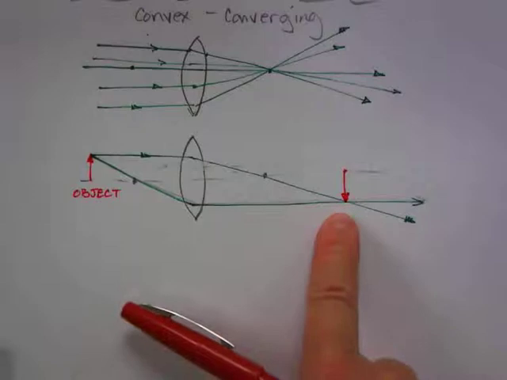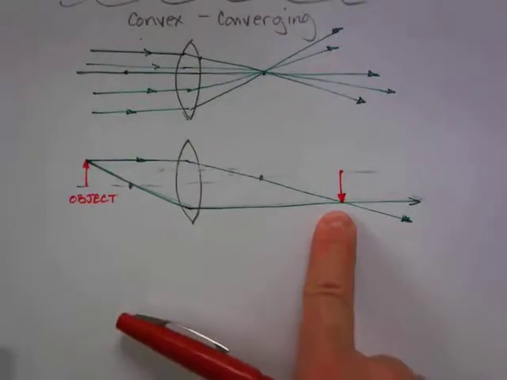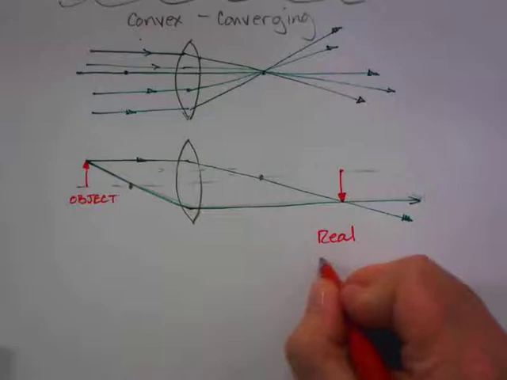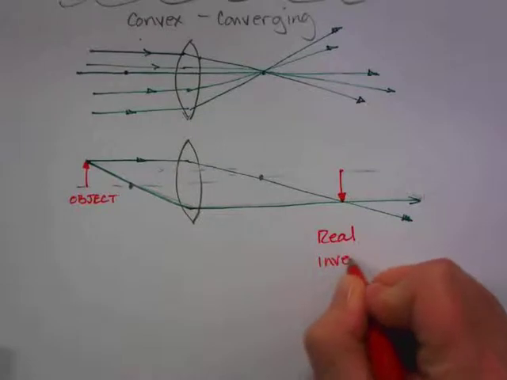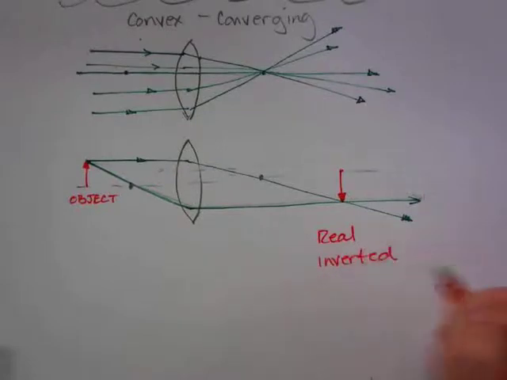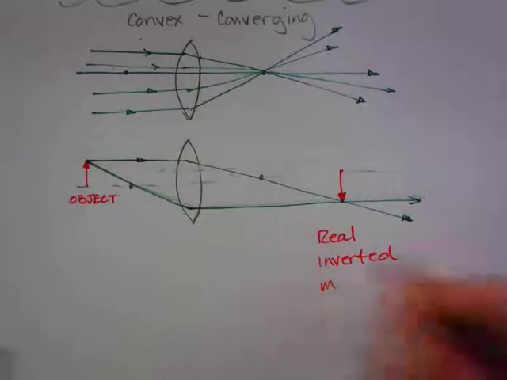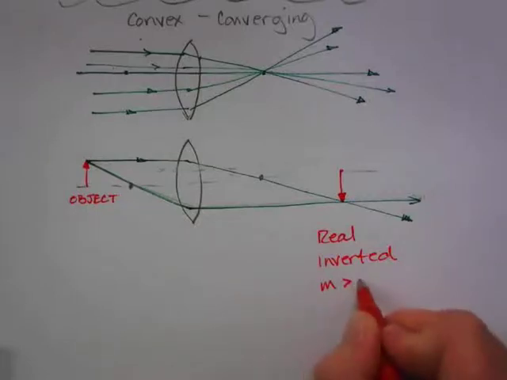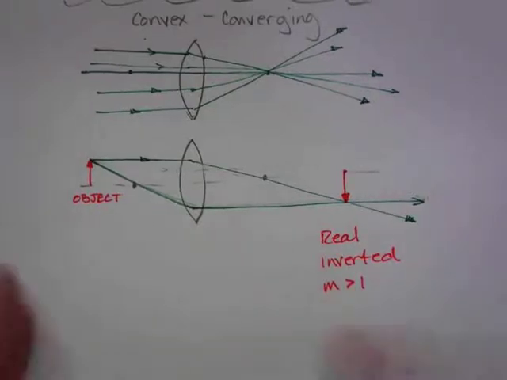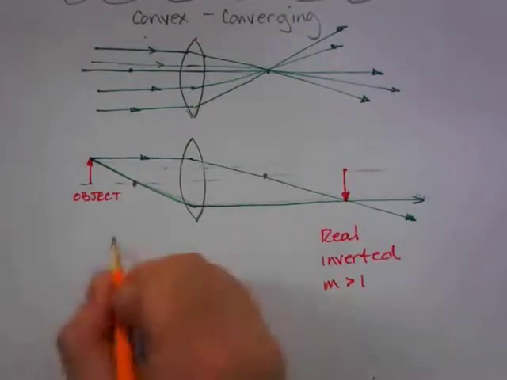Because that's outside of the focal point. It's made with real light. So it's real, inverted, and the magnification is usually greater than 1. It kind of depends on where you put it because it'll make it larger or smaller.